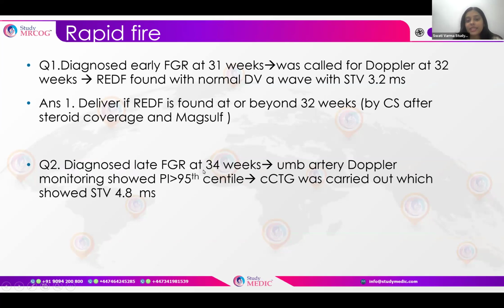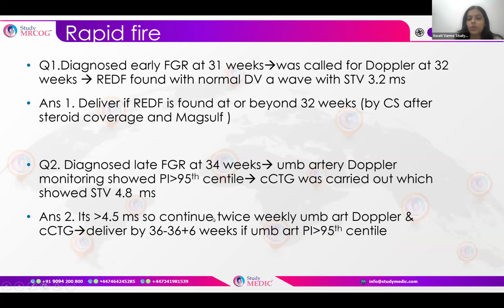If she is diagnosed with late FGR at 34 weeks, and umbilical artery Doppler is showing PI more than 95th centile, that is, borderline changes have started. CTG was carried out, which showed STV 4.8 millisecond. Now you remember, there was 3.5 in early FGR and 4.5 in late FGR. So here STV is okay and we can continue her monitoring.